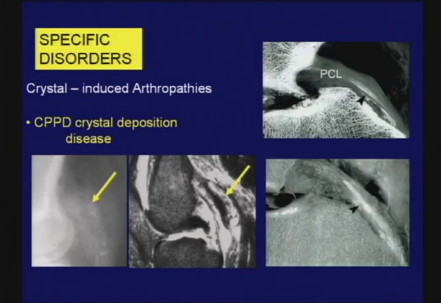Because of the deposits of calcium pyrophosphate crystal deposition in tissues other than cartilage, bizarre appearances may occur on the MR images. You know, what we often do in our research is section cadaveric joints.